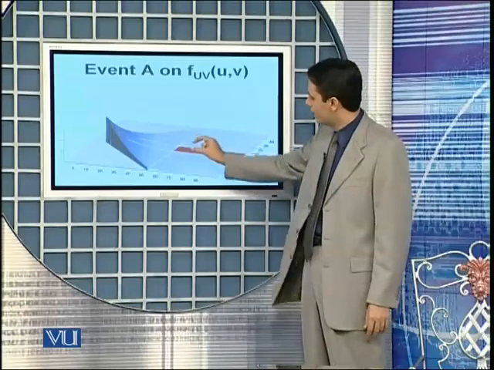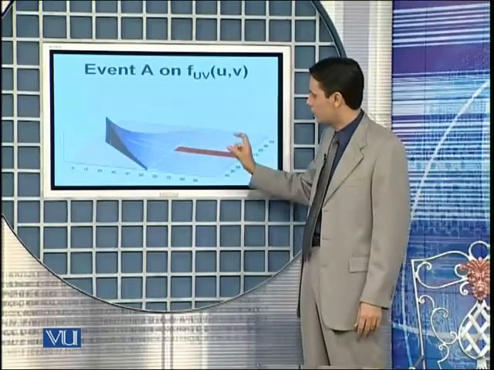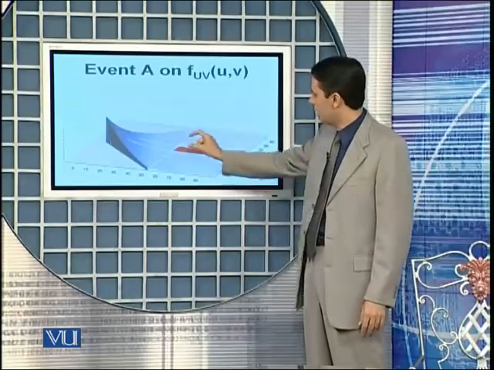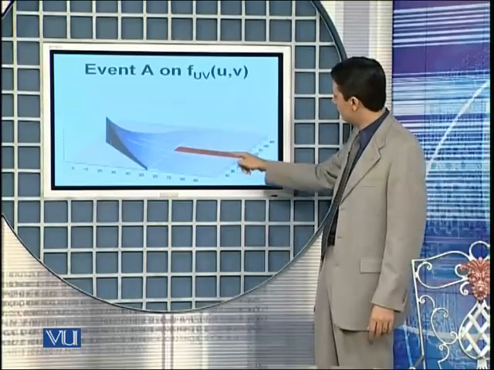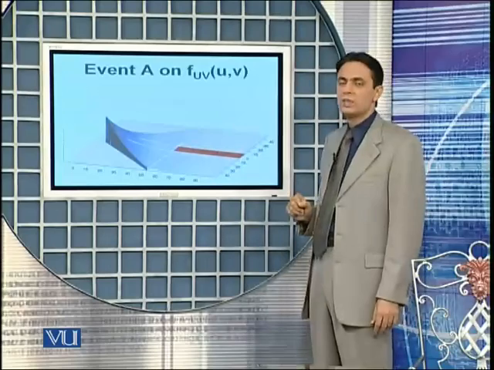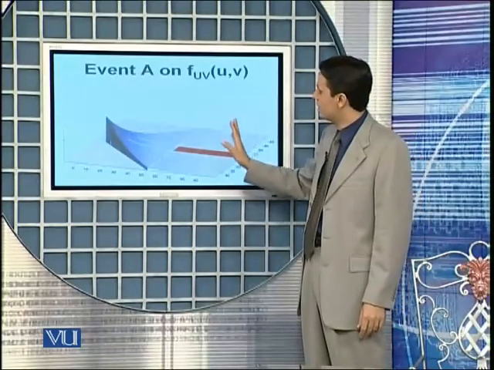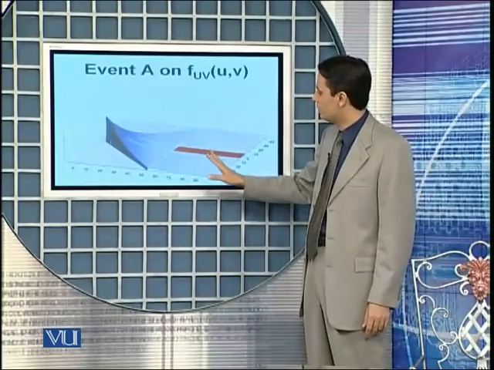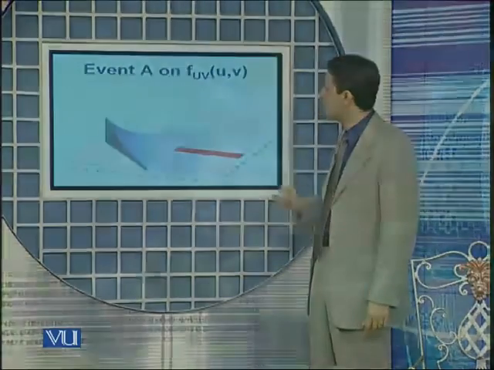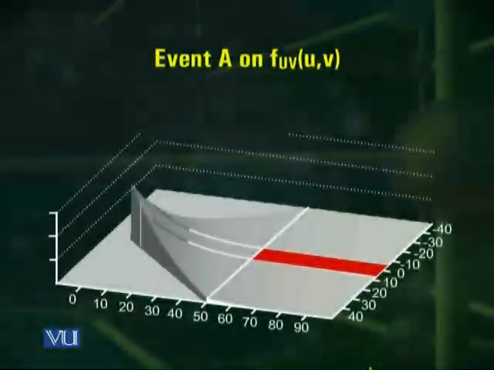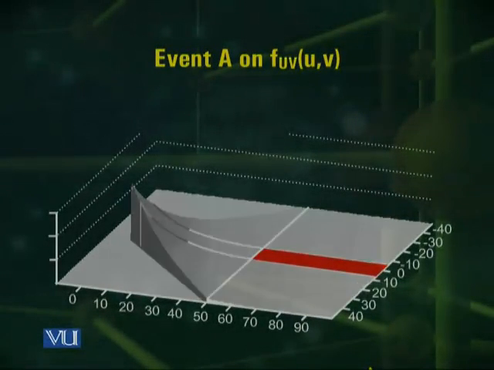Please note that this strip has a width of 12 on this UV plane, but it has infinite length. It goes on and on towards the positive V-axis. So you can integrate the joint PDF of U and V over this region, and you will get your probability value for that event A.